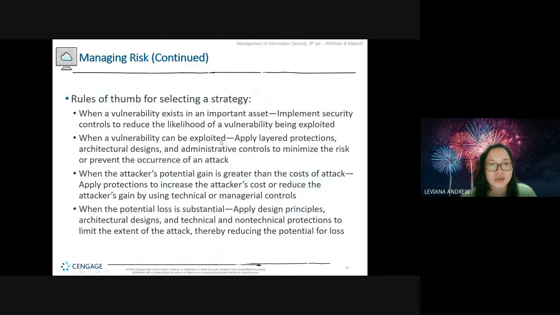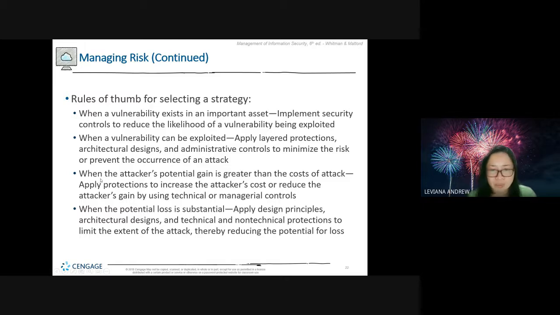Rules of thumb for selecting a strategy. The defense strategy implements security controls to reduce the likelihood of a vulnerability being exploited. Number one, when a vulnerability exists in an important asset, and number two, when the vulnerability can be exploited, apply layered protection, architectural and administrative controls to minimize the risk or prevent the occurrence of an attack.